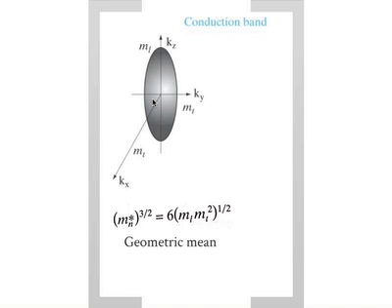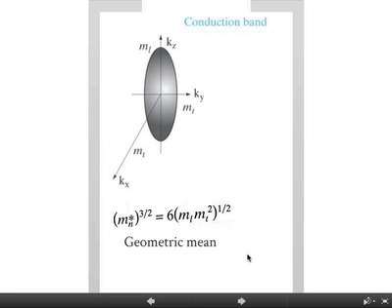So you have a transverse mass in the x and y, and then you have a longitudinal mass in the z momentum directions. And the effective mass for the density of states turns out to be what's called the geometric mean of these effective masses. So it's 6 times the square root of ml, mt squared, raised to 2 over 3. It's what's called a geometric mean.